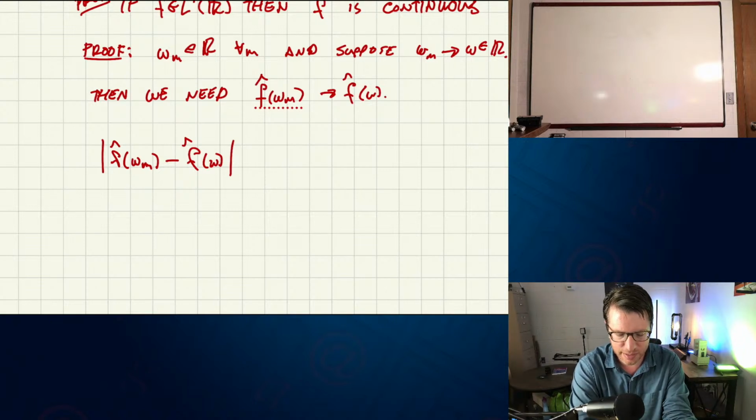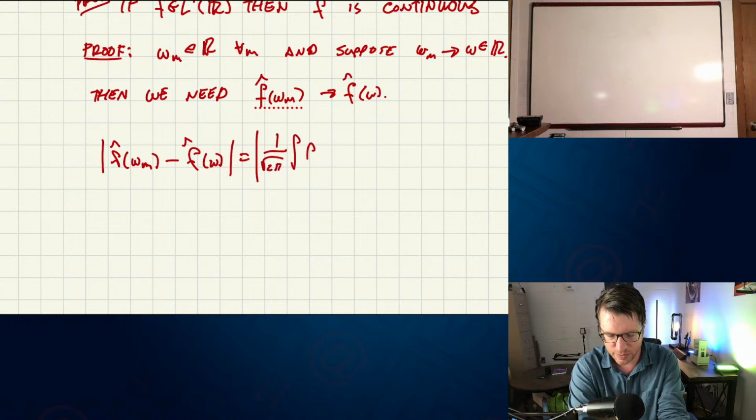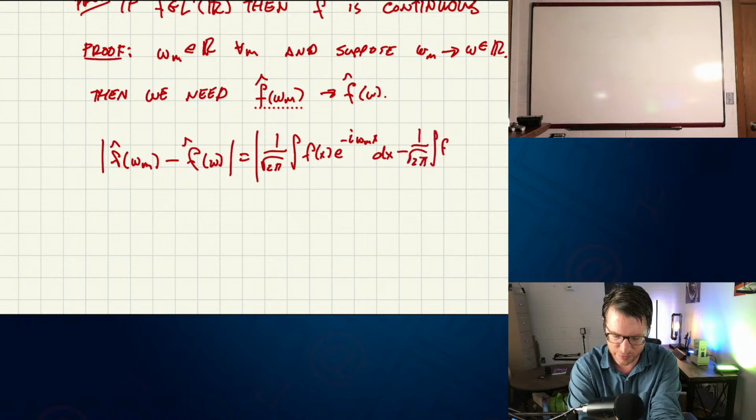And this is equal to 1 over square root of 2 pi times the integral of f of x e to the minus i omega_m x dx, minus 1 over square root of 2 pi times the integral of f of x e to the minus i omega x dx.